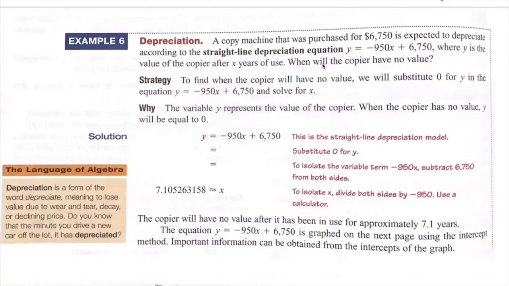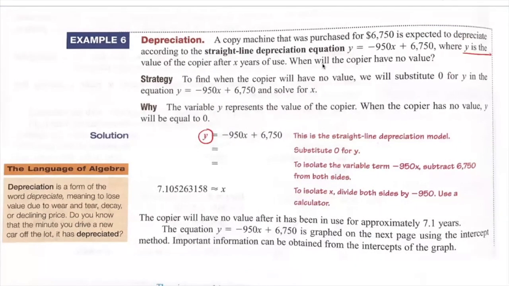Remember, this Y over here stands for, what does it stand for? The Y is the value of the copier. So when it has no value, that means Y is equal to 0.